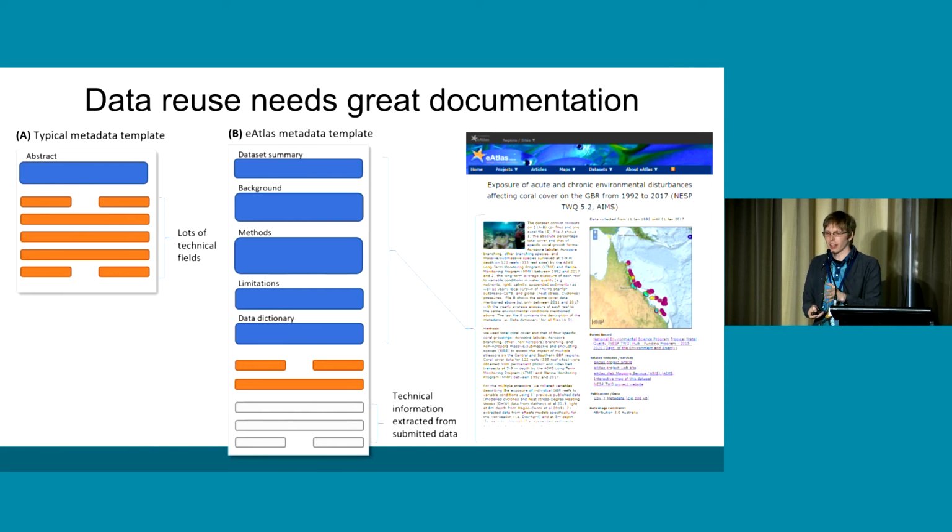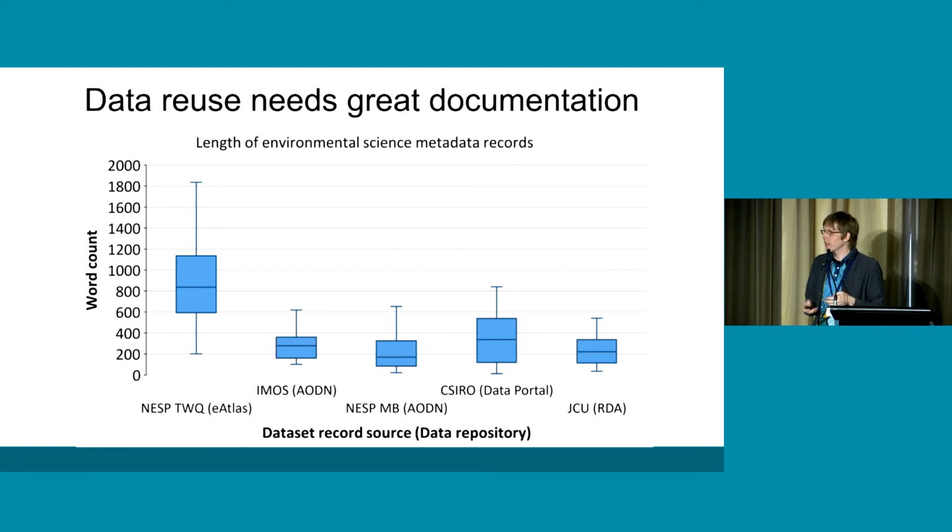Now it was interesting to say, well, was that a good strategy? Did it help? Well, this is sort of an analysis of how the metadata records ended up in terms of their size. Now, size is obviously just a proxy for the level of detail, compared to similar records in IMOS from the Marine Biodiversity Hub, CSIRO and JCU.